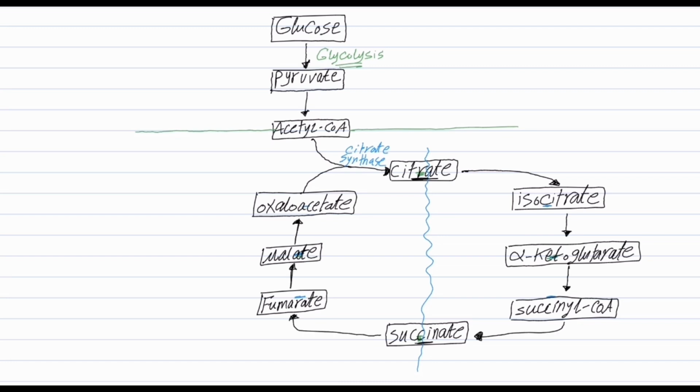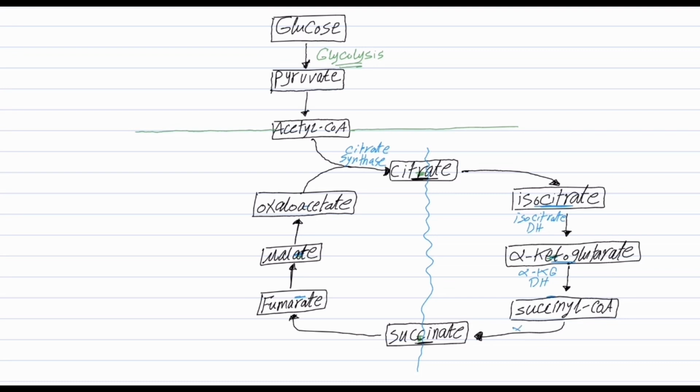For this part of the video, we're gonna talk about the important enzymes that you can actually figure out by knowing the substrate before it. For example, here we have isocitrate, then the enzyme here is called isocitrate dehydrogenase. And here we have alpha-ketoglutarate, then the enzyme here is called alpha-ketoglutarate dehydrogenase.